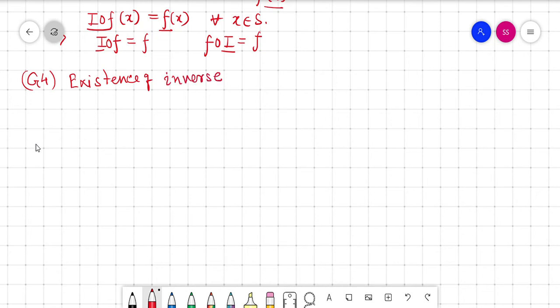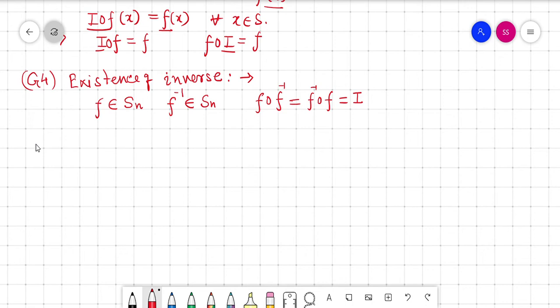What does it mean? It means if f is a permutation, that is f belongs to Sn, then there must be an element, which we will represent by f inverse, in Sn such that the composition of f and f inverse, or f inverse and f, must be equal to the identity element I of Sn. We have to find this f inverse.